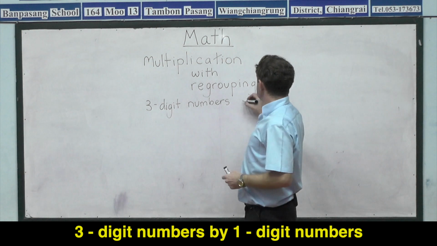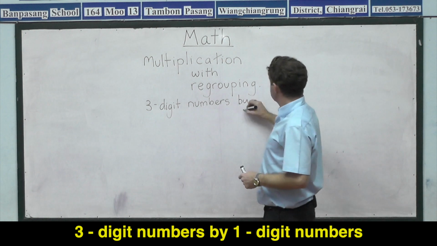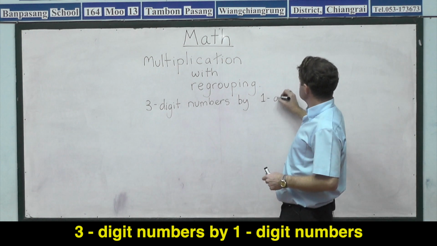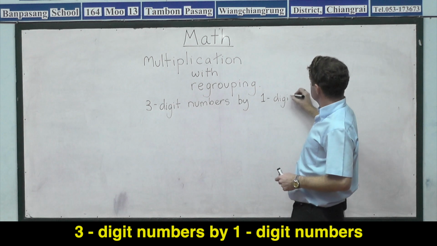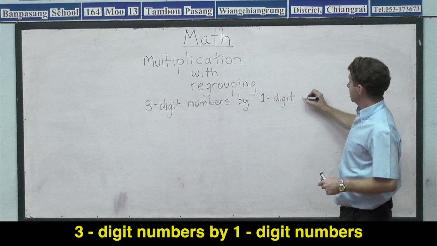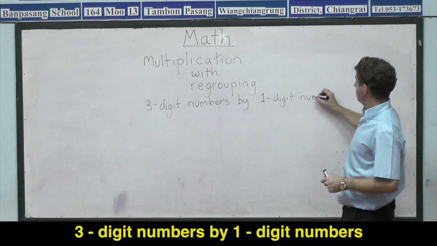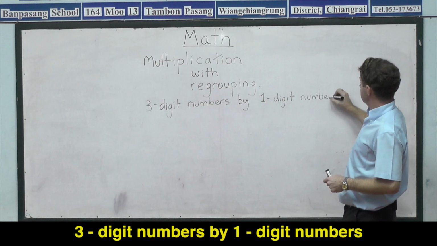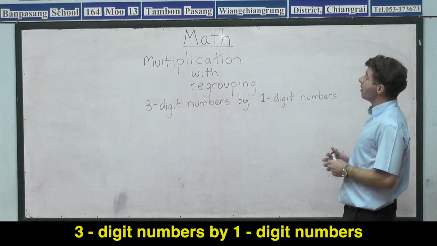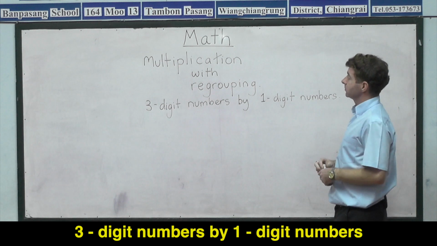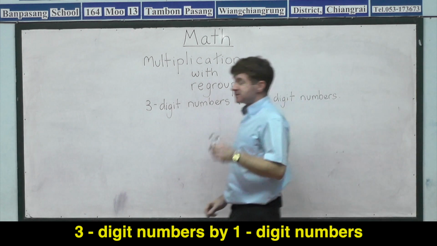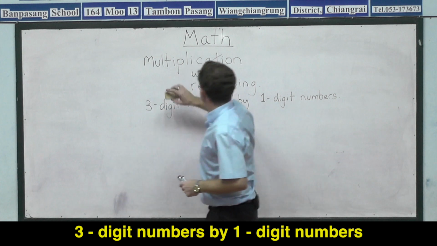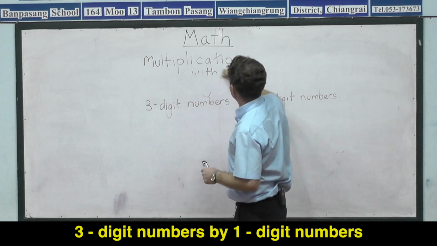So 3-digit numbers by 1 digit. Multiplication of, and this time we're not going to use regrouping for this lesson.